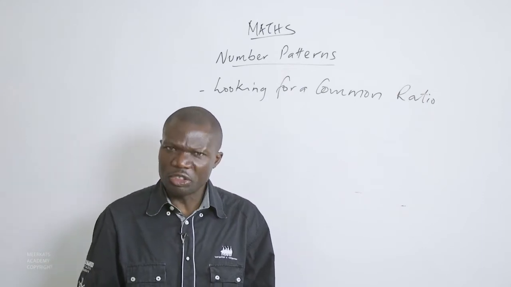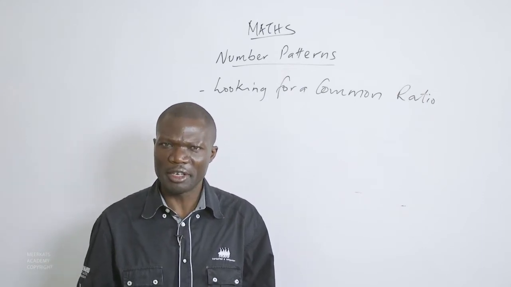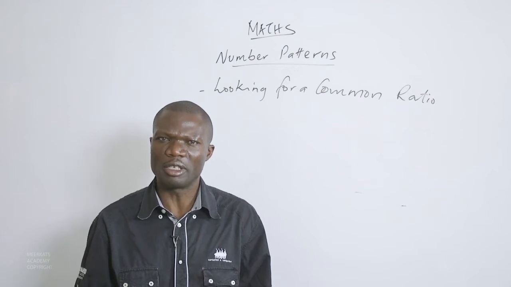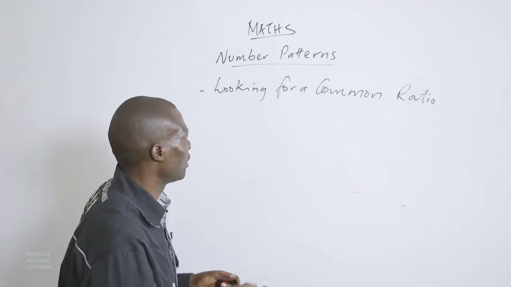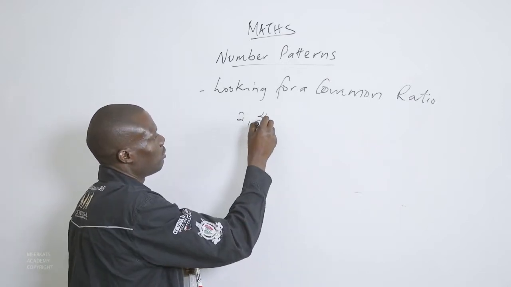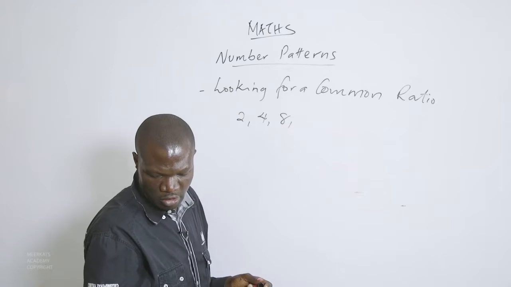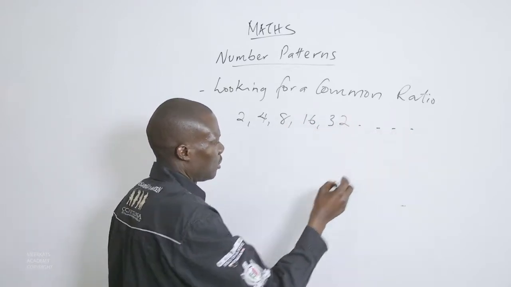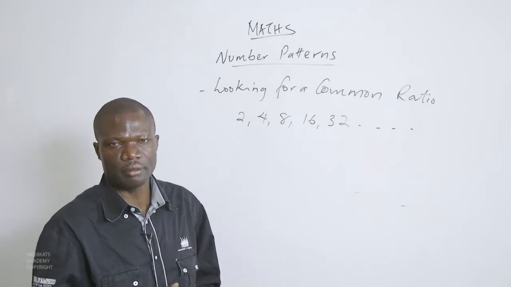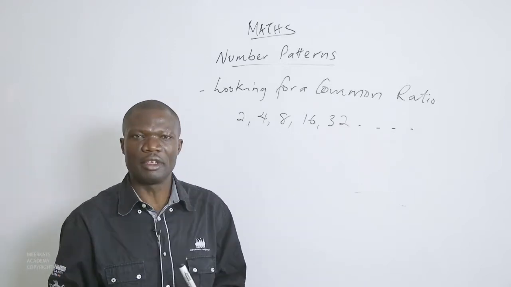Now, I want us to look at how we come up with a ratio and see whether it will form a sequence of numbers or not. Let us take, for example, 2, 4, 8, 16, 32, and so on. We have this.